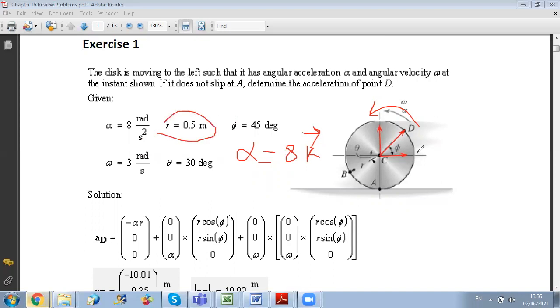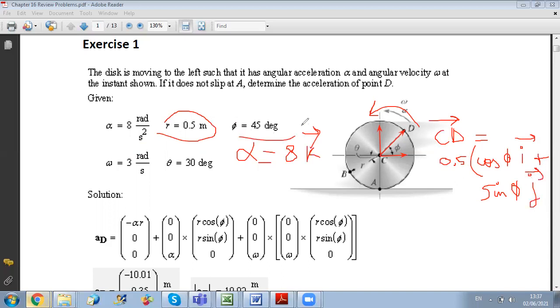Okay, so if we project, we can say that vector CD is equal to 0.5 times cosine phi along i plus sine phi along j. This is vector CD. And phi we replace it by the value which is 45 degrees.